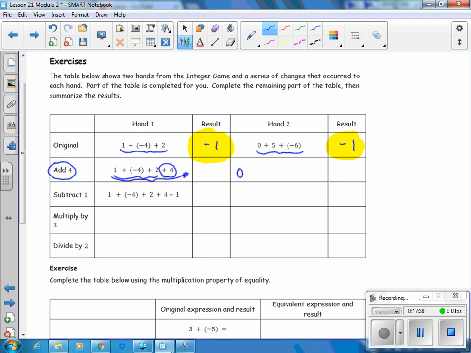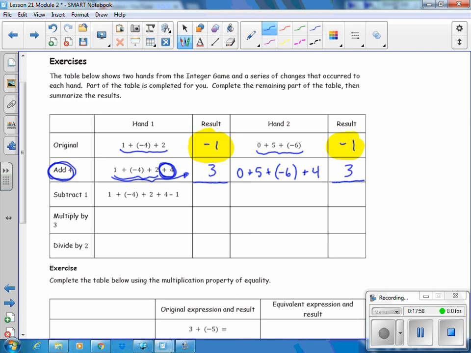So that would be 0 plus 5 plus -6, and then we're adding 4, just like they did on the left side. And then calculate that answer and write it down. So you should have 3 for both of those answers.